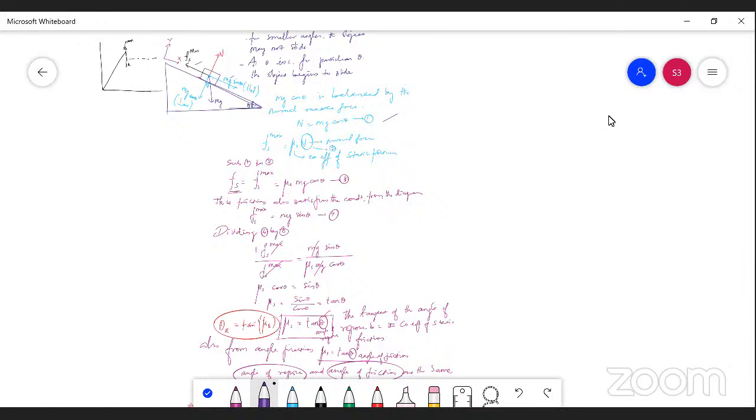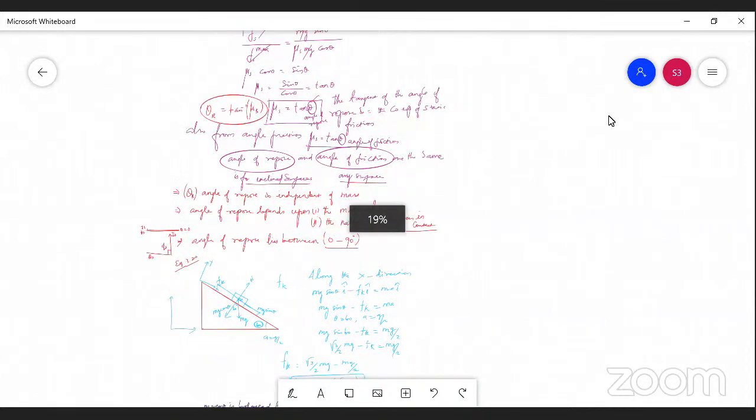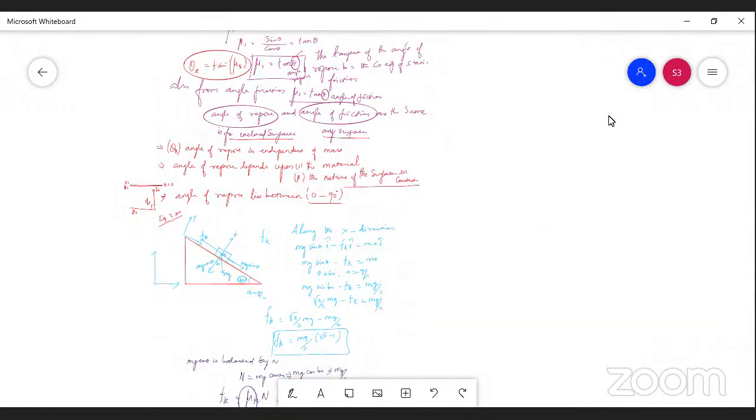So mu s equals tan theta, where this theta is called angle of repose. The tangent of the angle of repose is equal to the coefficient of static friction. Also, we can see from angle of friction, mu s is equal to tan theta. Same relation exists for angle of friction as well as angle of repose. Thus, we can say angle of repose and angle of friction are one and the same. But only difference is that the angle of repose is meant for inclined surfaces and the angle of friction is meant for any surface.